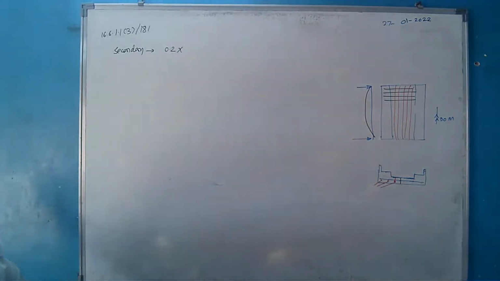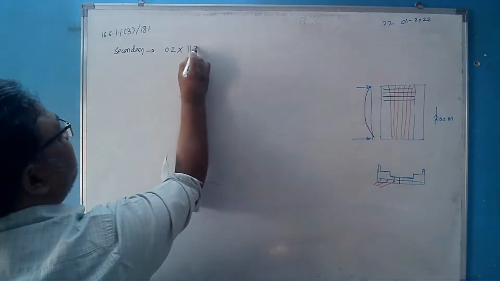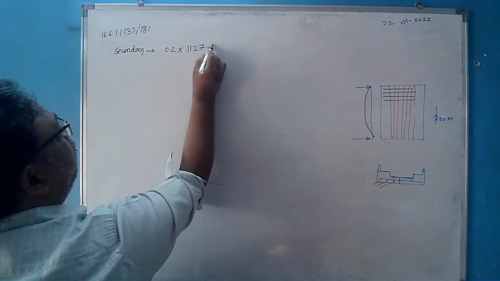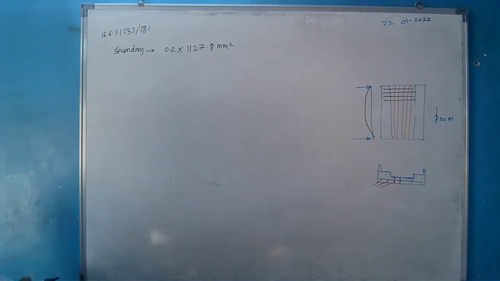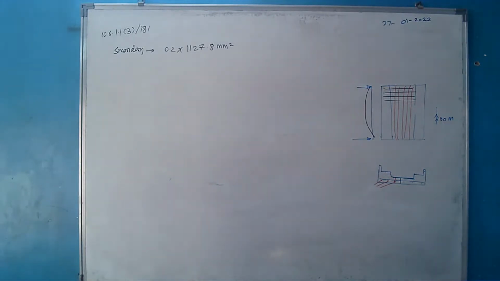So, the steel that was provided in the main direction is 1127.8 mm square. कितना हो जाएगा? 0.2 multiplied by 1127.8 mm square.